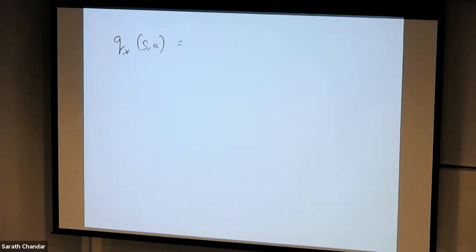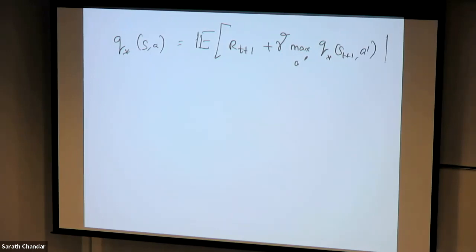Q star of s, a, and I'm going to write it directly, you can derive it if you want, is the expected value of R_{t+1} plus gamma times max over a' of Q star of S_{t+1}, a', given S_t equals s, A_t equals a.